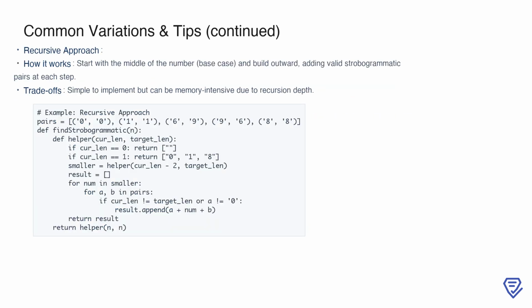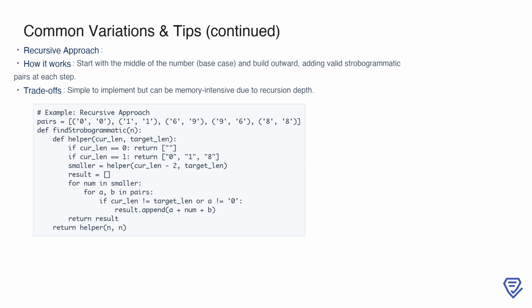One common approach to solving this problem is by using recursion. Here, we build from the middle of the number outward, adding valid strobogrammatic pairs at each step. For example, the base case for odd-length numbers would include the single digits 0, 1, and 8, while the base case for even lengths would start with an empty string. From there, we recursively generate smaller strobogrammatic numbers and expand them by adding pairs like 0 to 0, 1 to 1, 6 to 9, 9 to 6, and 8 to 8 at both ends.